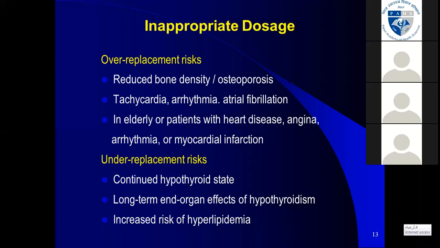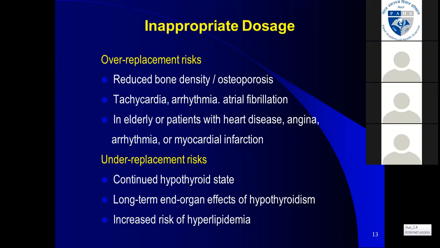When prescribing thyroxine, there is the risk of over replacement. After over replacement, there could be reduced bone density, and it causes osteoporosis also. There could be tachycardia, arrhythmia, and sometimes atrial fibrillation also.